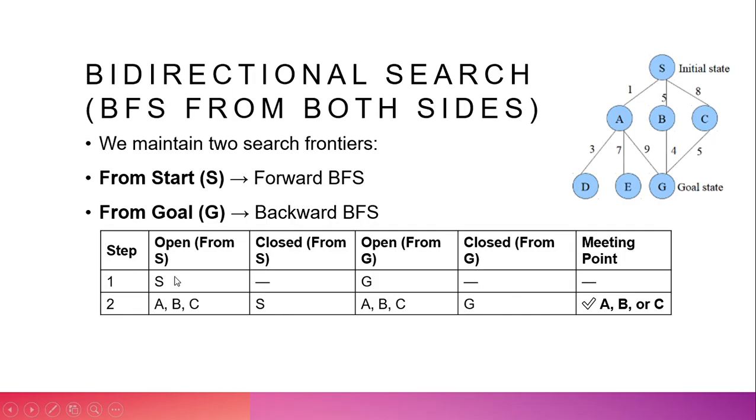So S is having child element as A, B, C and G is having a child element as A, B, C. You can see the meeting point is present, that is A, B and C. That means search can stop. The final output can be S, A, G or it can be S, B, G or it can be S, C, G. So that is about the bidirectional search.